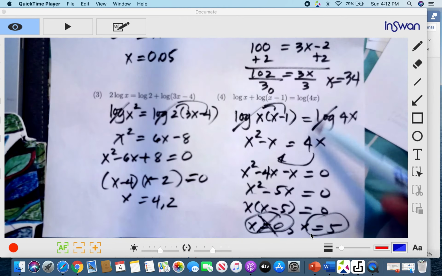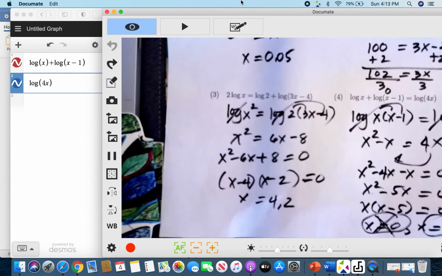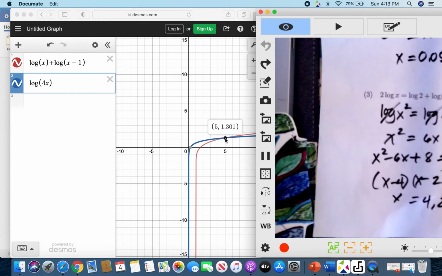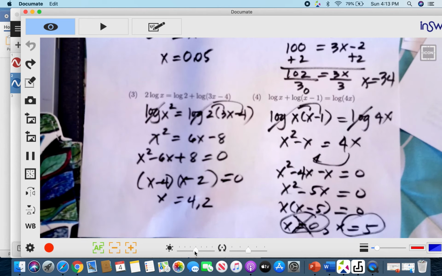It's not a solution to the problem. Also, if you're going to graph this in the graphing calculator, you would see that the intersection of the graphs is only at 1 point, which is at 5, 1.301. So therefore, the solution of this problem is only equivalent to 5.